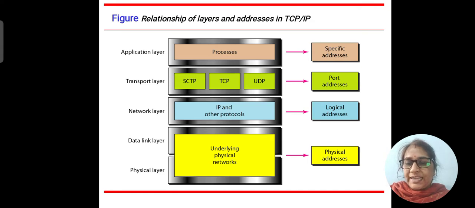The logical address in the internet is currently a 32-bit address that is defined for a host connected to the internet. No two publicly addressed and visible hosts on the internet can have the same IP address. So next is our transport layer.